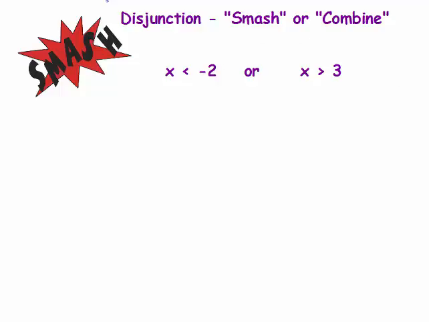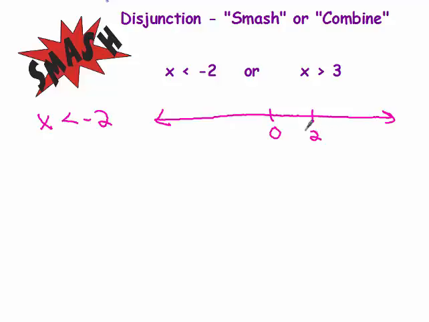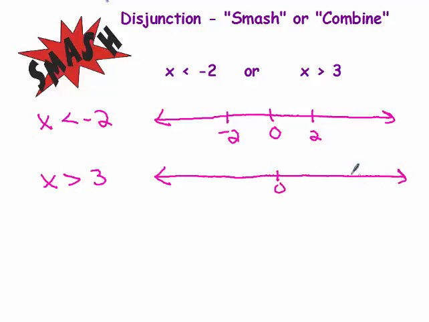Let's do this. X is less than negative 2. I've got my 0, my 2, my negative 2. I'm going to set up the next one. X is greater than 3. Notice I'm going to make sure that my number lines match one another so that my 3 is out further than my 2.